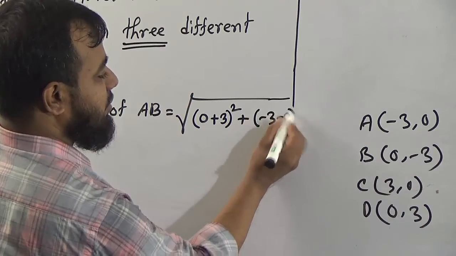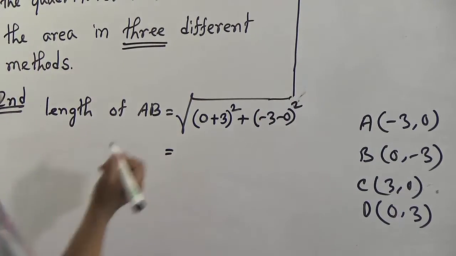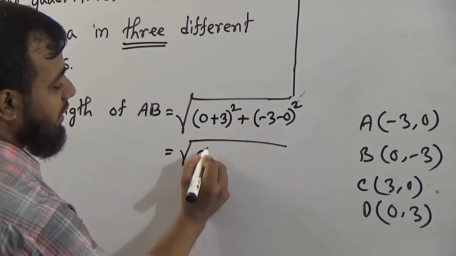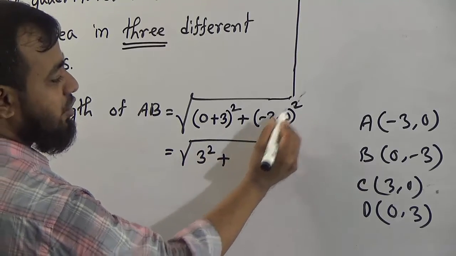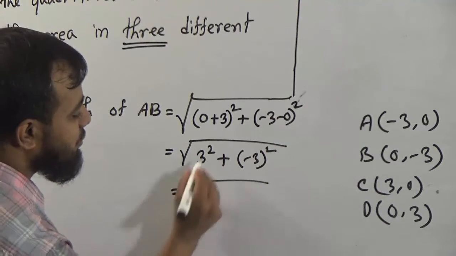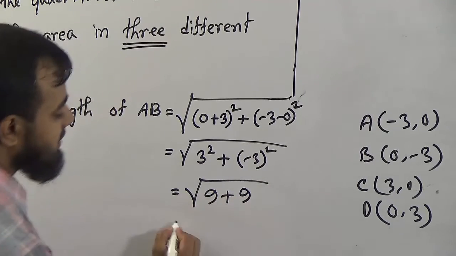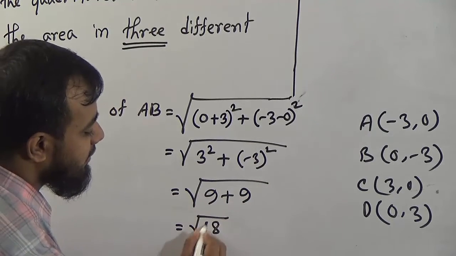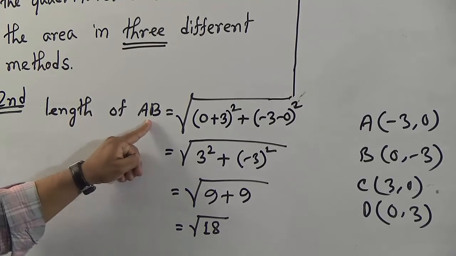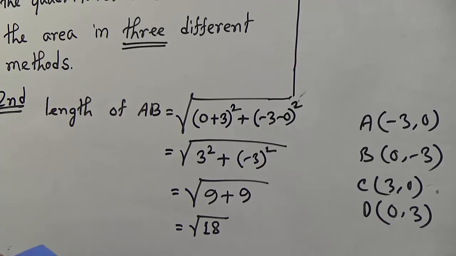So the length of AB is the square root of 3 square plus minus 3 square. It will be, my dear students, so easy. 3 square means 9, and minus 3 square also means 9. So 9 plus 9 equals 18. Square root of 18 will be the length of AB.